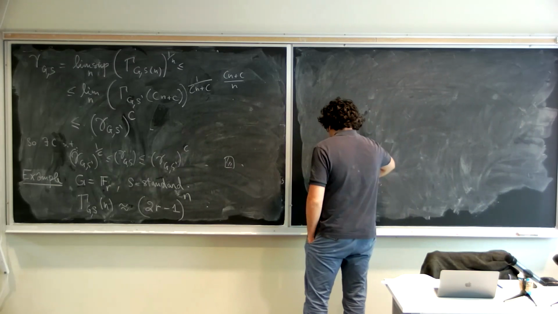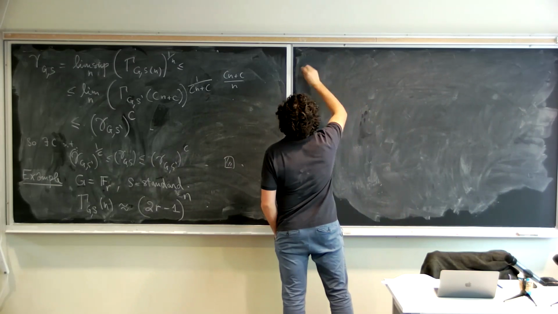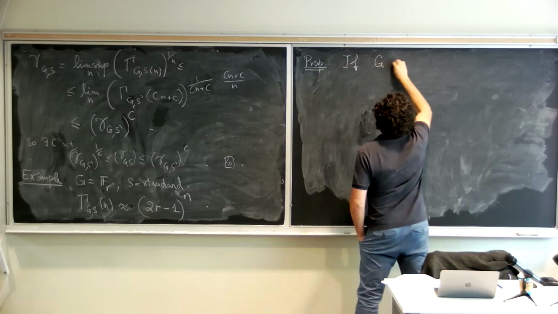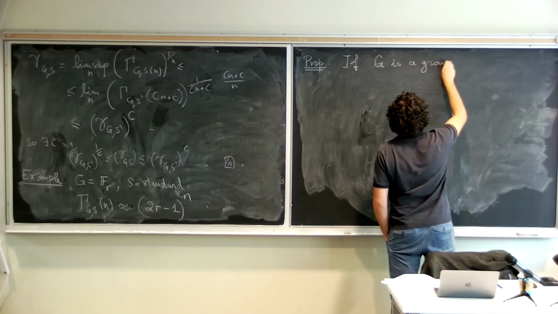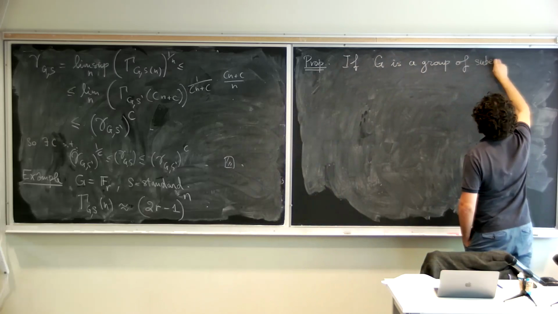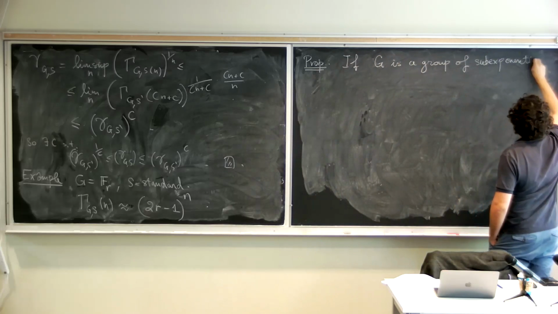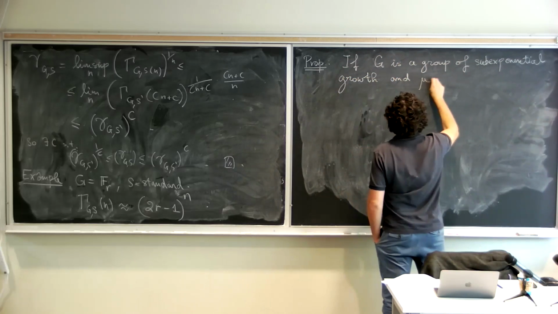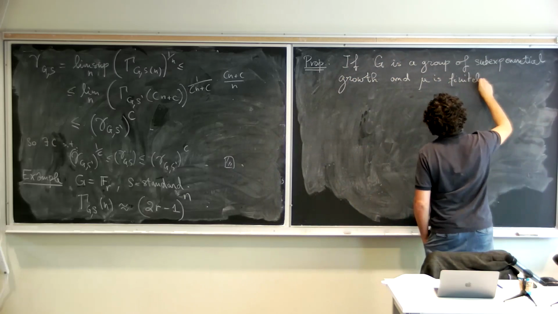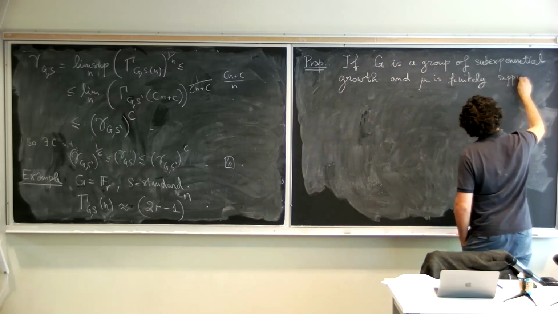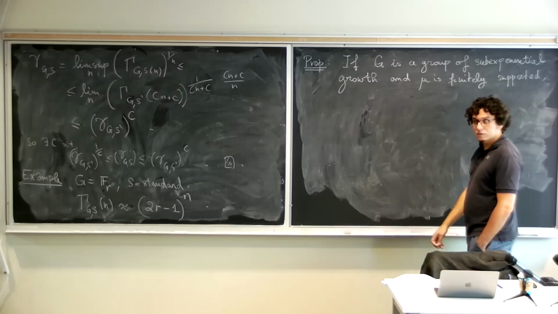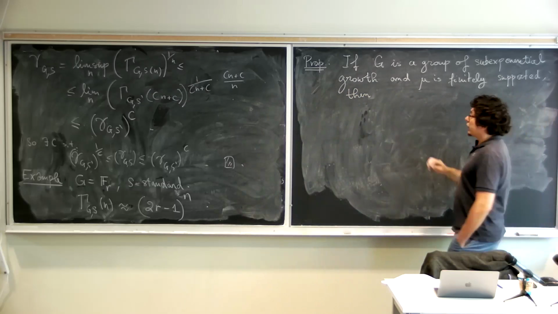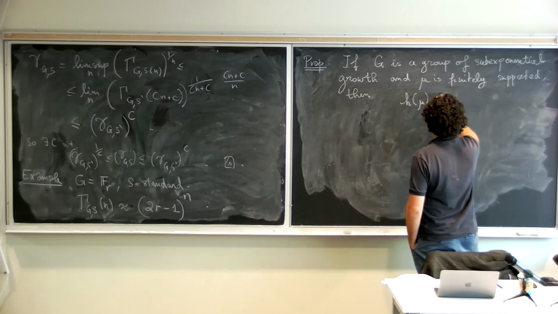Okay, and so let me finish, then we can take a break. We can state the following proposition: if G is a group of sub-exponential growth, and mu is finitely supported, then the entropy of this measure is 0.